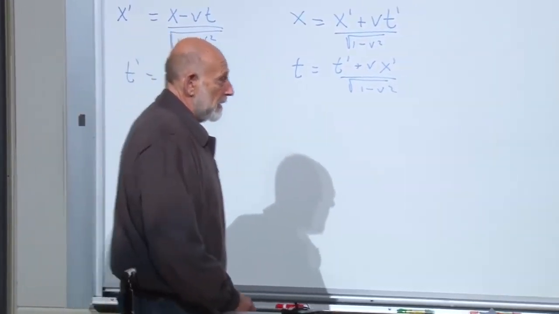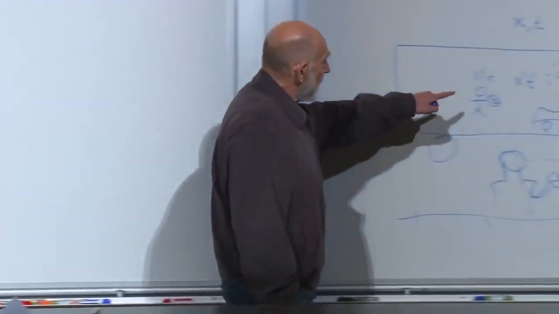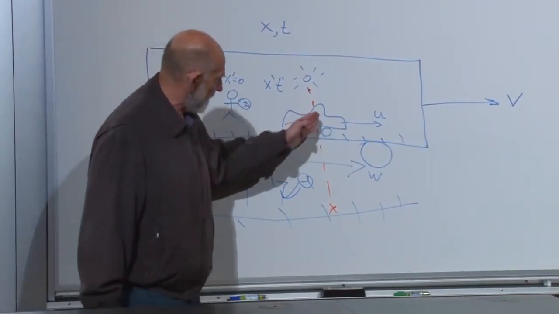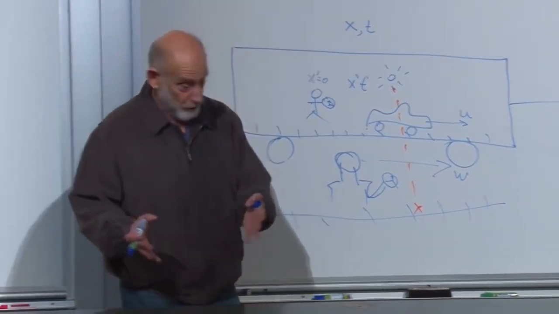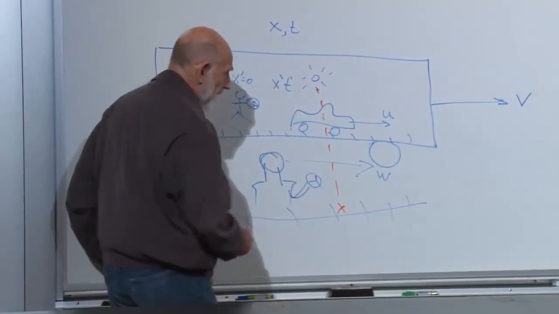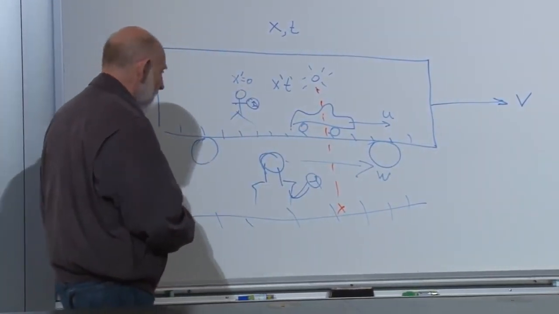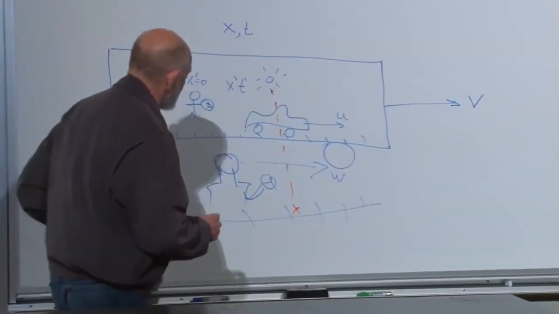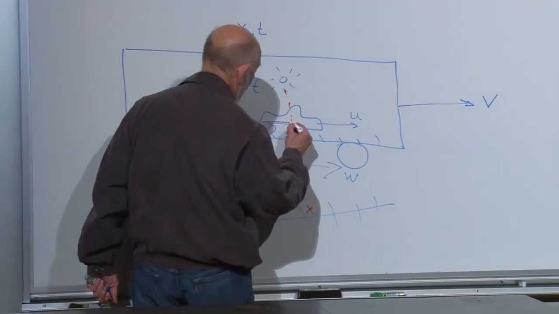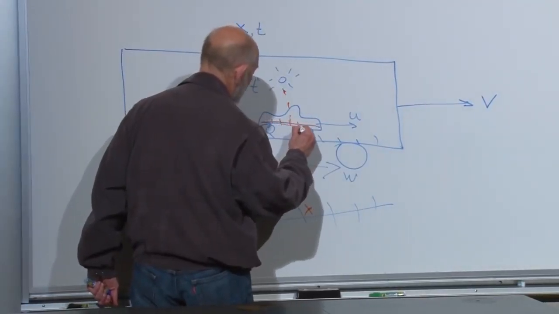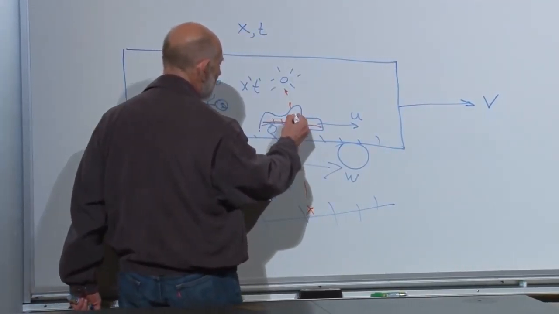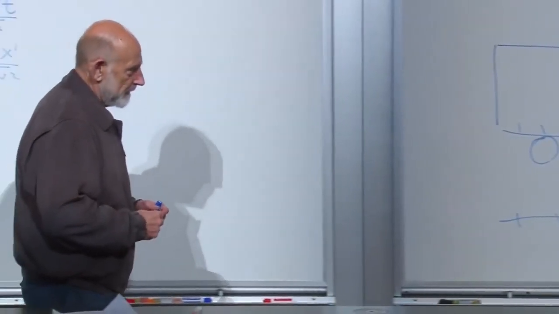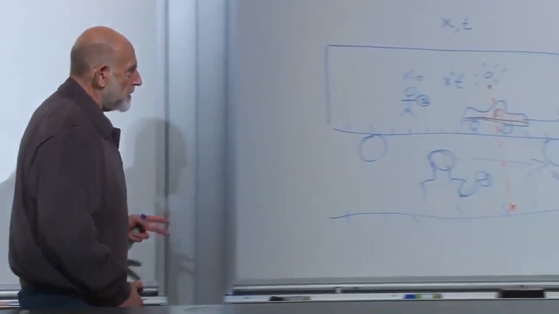The bit of logic is that the relationship, first of all, we should give coordinates. There are also coordinates in the car, moving with the car. This could be a set of meter sticks laid out on the floor of the car, and also a timepiece that the driver of the car has. Okay? So there's three sets of coordinates.